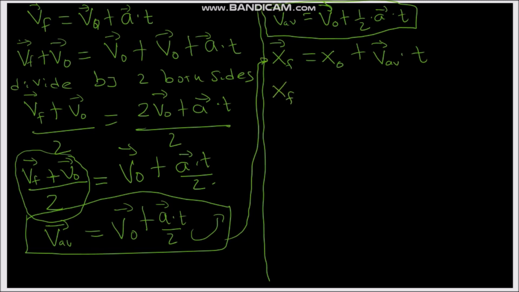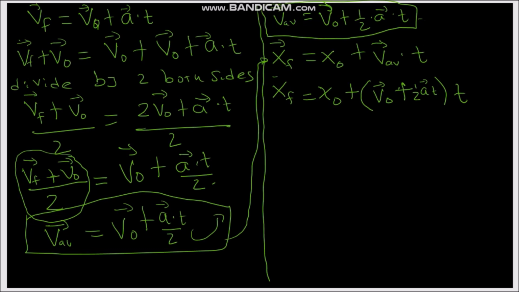The final displacement is equal to the initial displacement plus the average velocity, substitute this equation, V naught, the initial velocity, plus 1 over 2 a t, acceleration times t, the whole times t. This is the value of the average velocity we already calculated here.